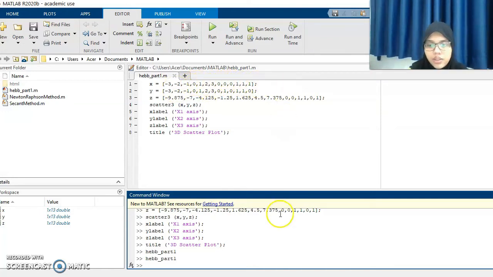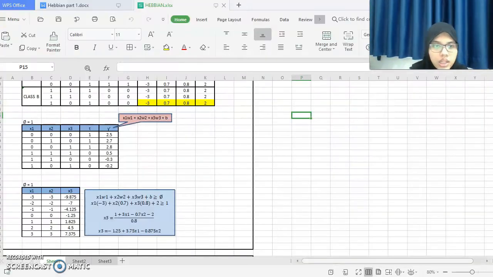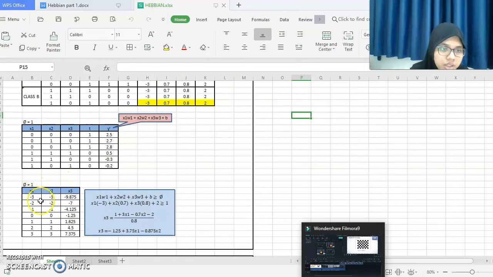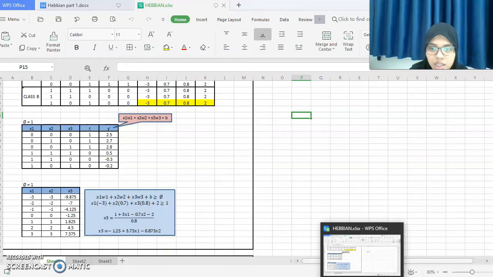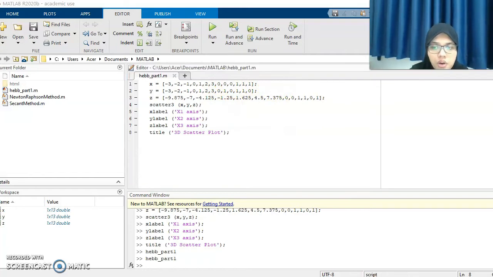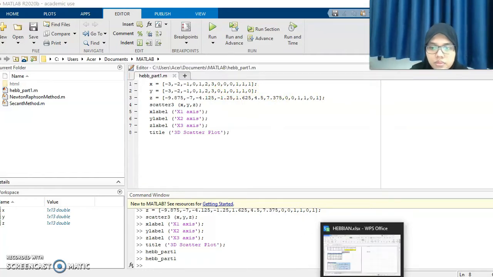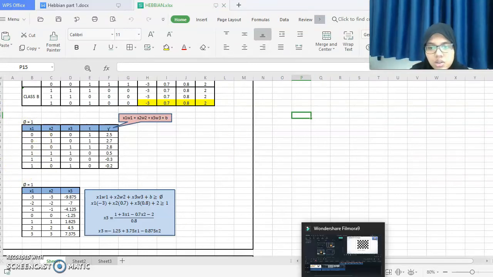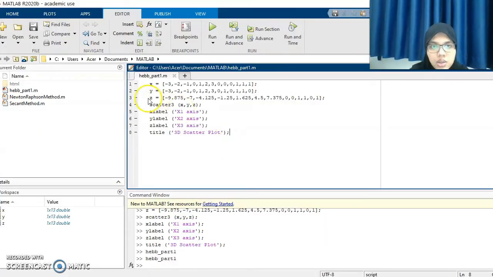Okay, let us see. x1 earlier was negative 3, negative 2, negative 1, 0, 1, 2, 3, which is the same as this part. As for 0, 0, 0, 1, 1, 1, we obtain this from this part.